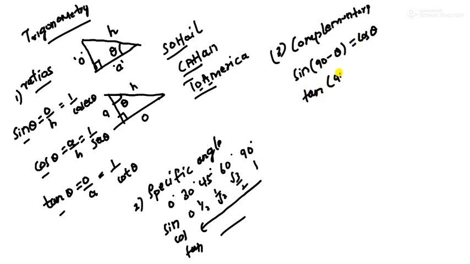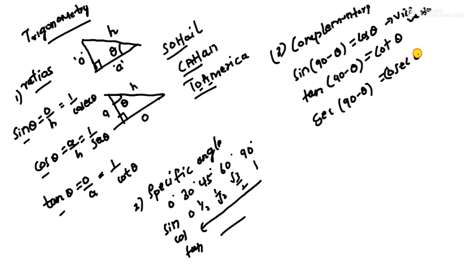Similarly, tan of 90 minus theta becomes cot of theta. I will write here vice versa. Means cos of 90 minus theta is sin theta, and similarly sec of 90 minus theta is what? It is cosec theta.